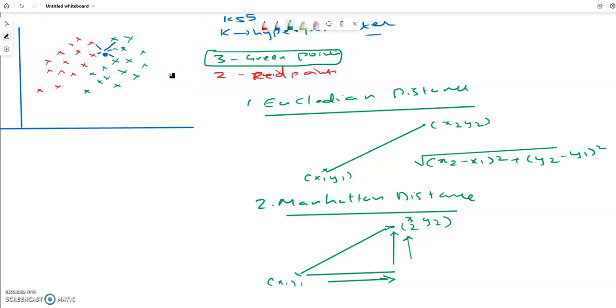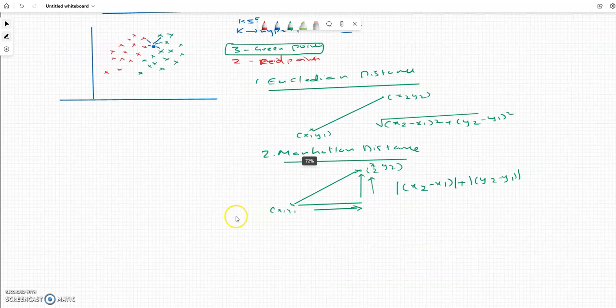So here our formula will be modulus of x2 minus x1. So whatever the difference between x2 and x1 is, the value will become positive because of modulus, and similarly with y also. And this is the formula for Manhattan distance.